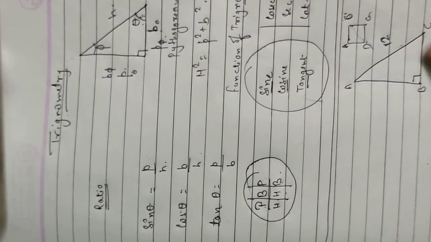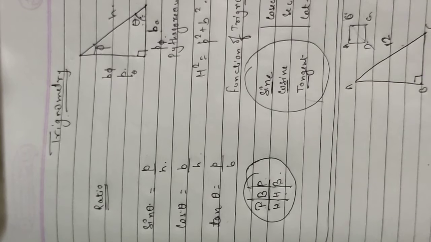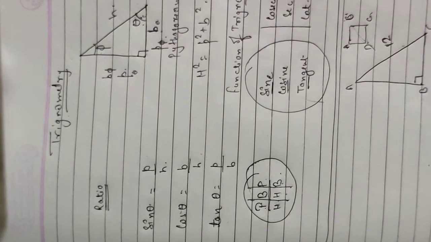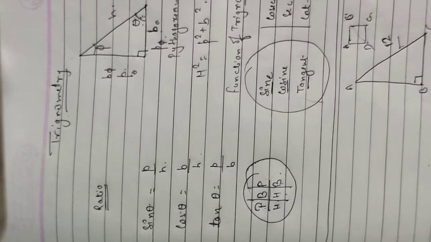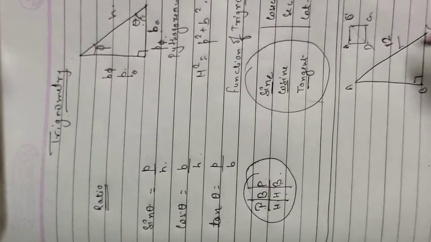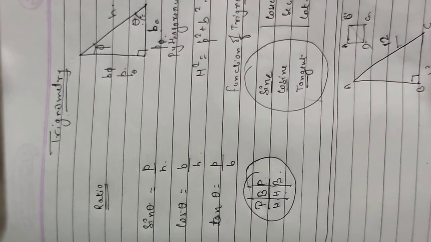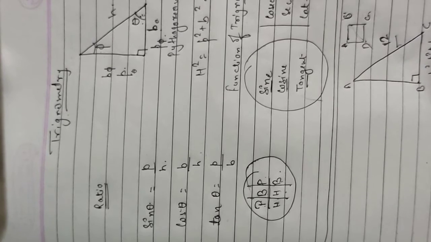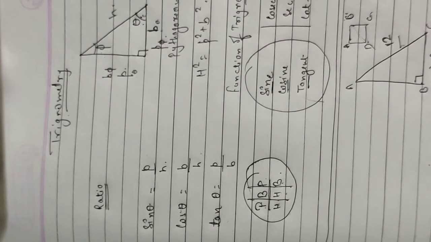So if I just give you this side as 12, what about other sides? You will say that I will use the Pythagoras theorem. Pythagoras theorem works on h square equals p square plus b square, but you only have h as 12.